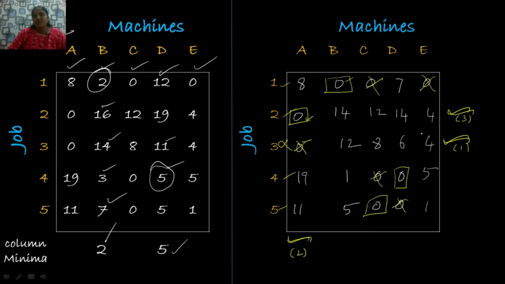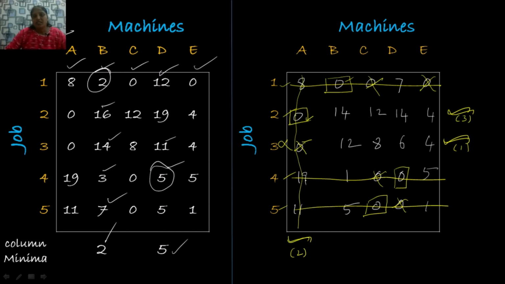After this, we have to draw a straight line through all unmarked rows and marked columns. So you have to draw a straight line through unmarked rows. Since second and third rows are marked rows, leave these and draw a straight line through first, fourth and fifth rows.